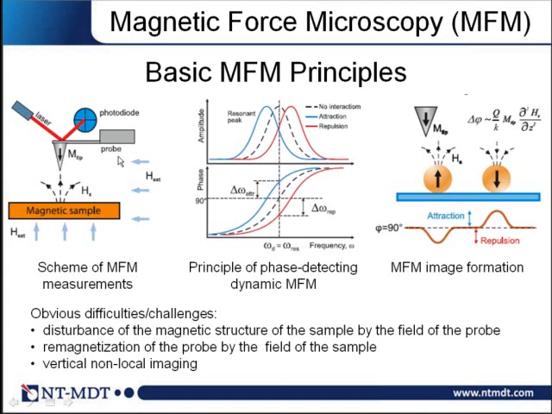However, using, as I said, a coating with high coercive materials, you can pre-magnetize your tip horizontally, and then you will be sensitive to different components of the magnetic fields, and some features which are not shown by vertically magnetized tips can be measured using horizontally magnetized tips.